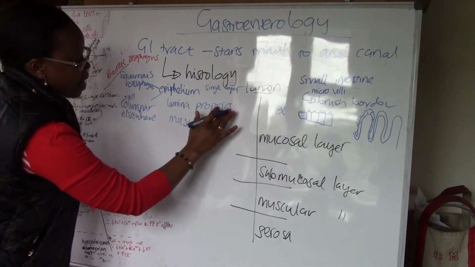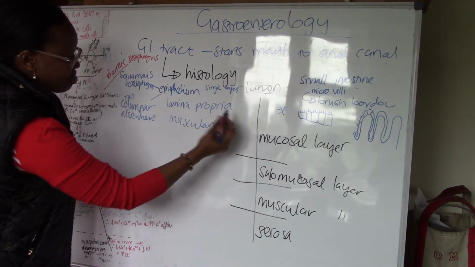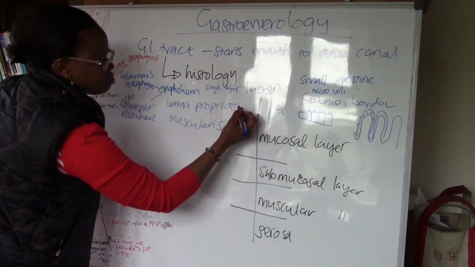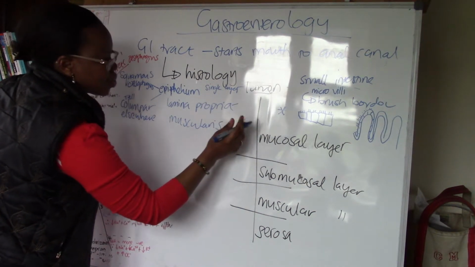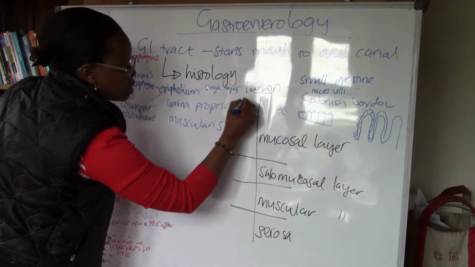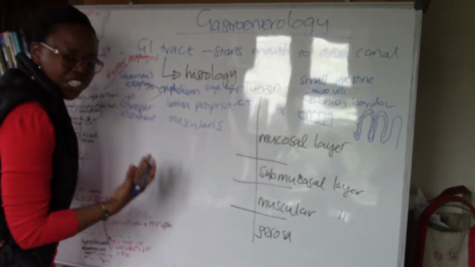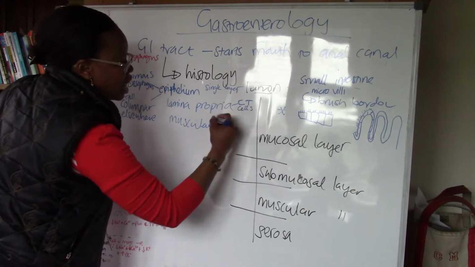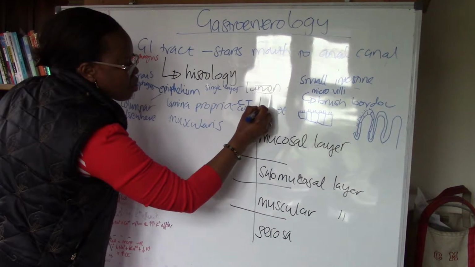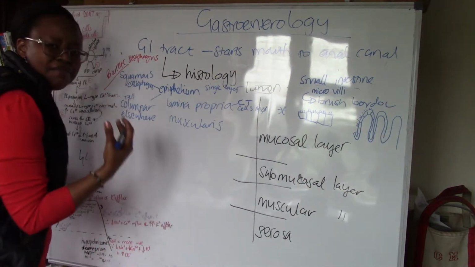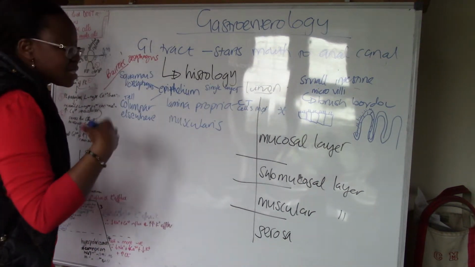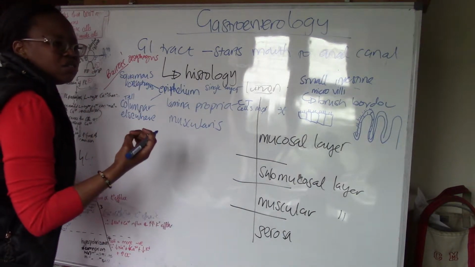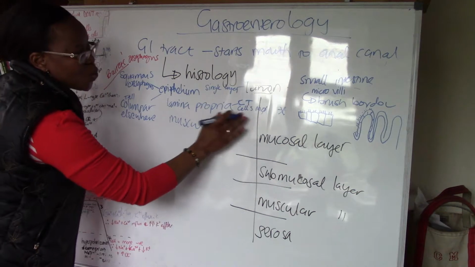The lamina propria will have connective tissue, I'll just write CT. We'll have connective tissue and cells such as resident macrophages, fibroblasts, elastin. Anyway, it will have that.